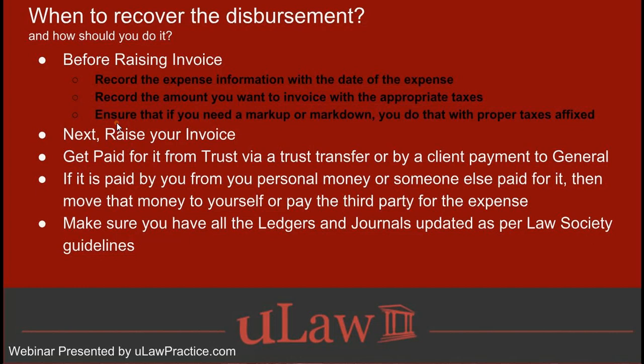You may then decide to mark down that disbursement. So maybe that legal firm charged you $100, but then you'd only charge your client $50. Okay? A markup example is, let's say you did the due diligence to negotiate a certain license. Again, this all comes down to type of practice, the area of practice, and file type, right?